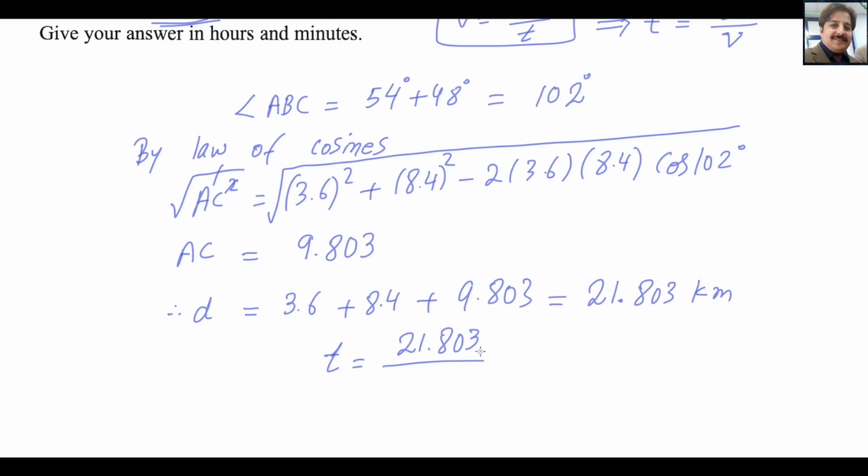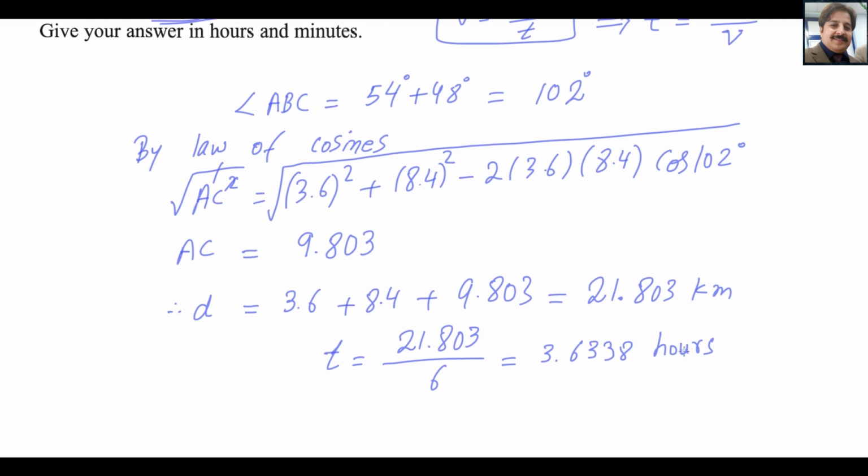So 21.803 divided by 6 gives you the answer 3.6338. This answer is in hours.